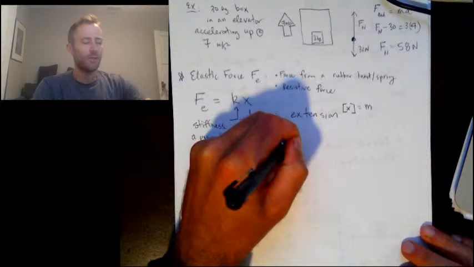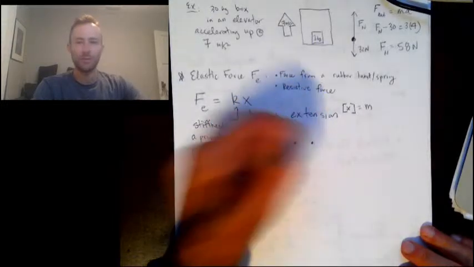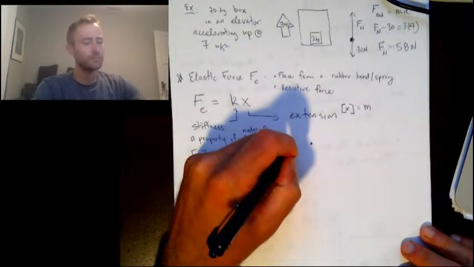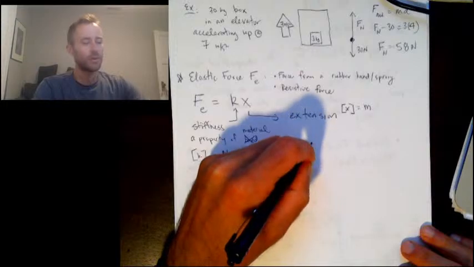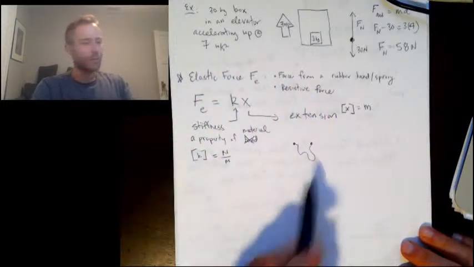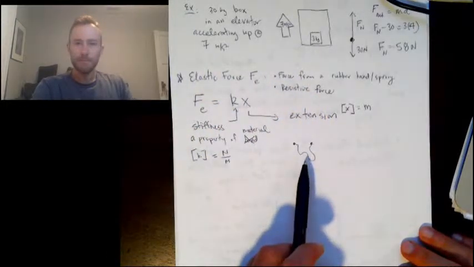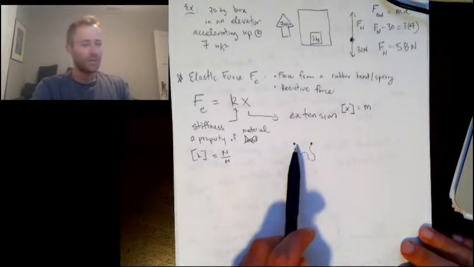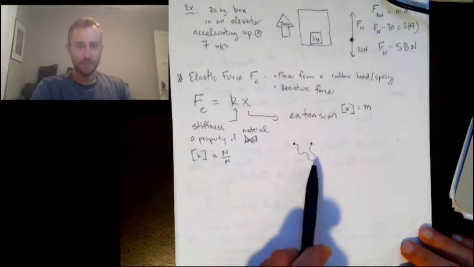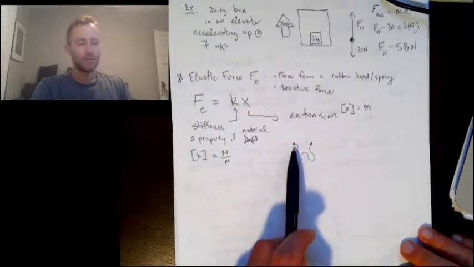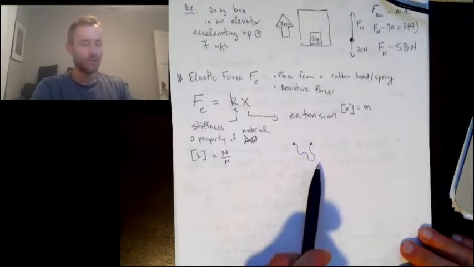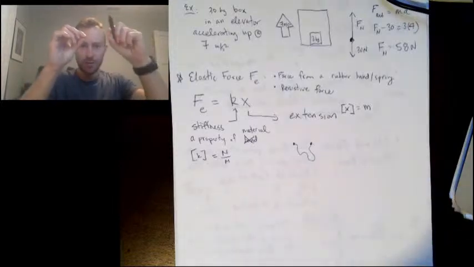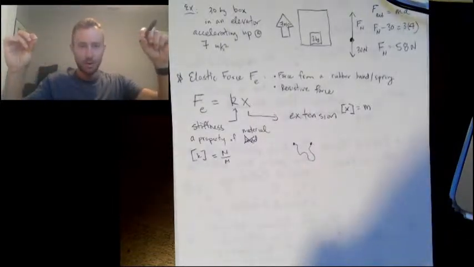So let's suppose I have a rubber band, and here are the two ends of the rubber band. This rubber band would exert an elastic force of 0 because it's not taut. There's no elastic force because the rubber band isn't being stretched. Now, what if I took the two endpoints and moved them apart?